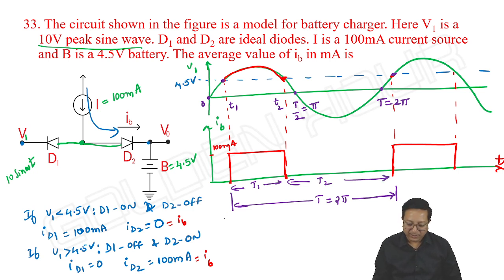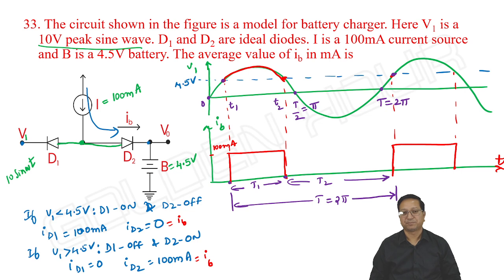If I consider IB from this point to this point over an interval of time capital T1, IB is equal to 100 milliampere. And from T1 to capital T, that is a duration T minus T1, that is T2, or a duration of T2, IB is equal to 0.